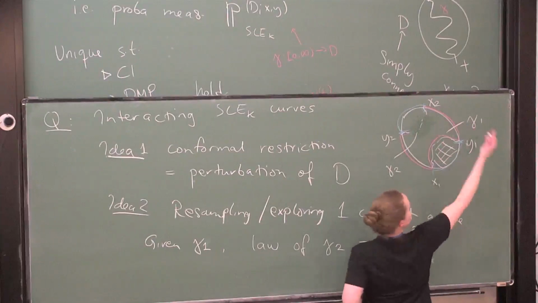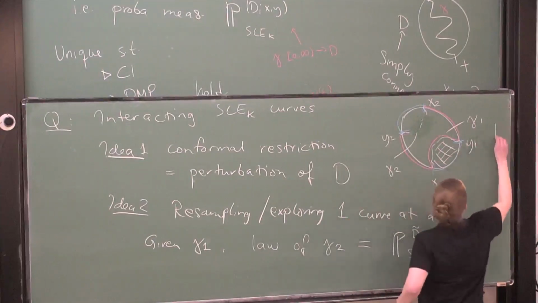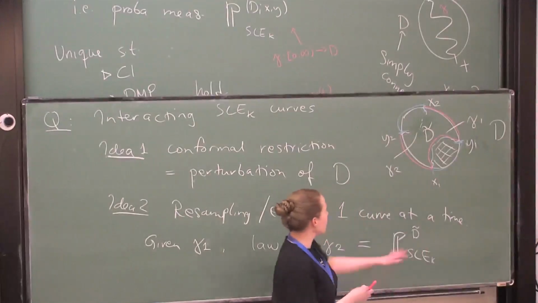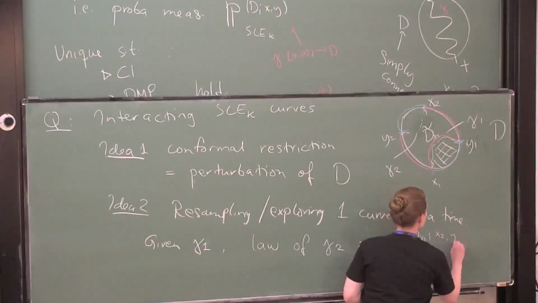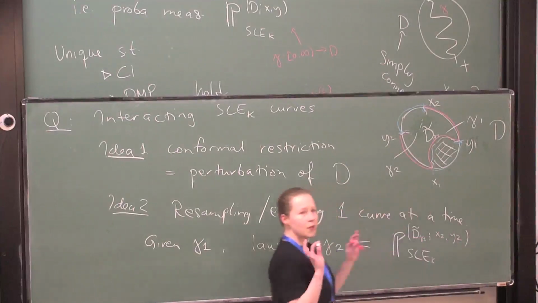So if the whole thing is D, we put it here, D twiddle is this part, right? It's the part that you get when you remove the gamma 1. Maybe I could say depends on gamma 1. And then, well, I need to record the end points, so x2, y2. I hope it's very intuitive.